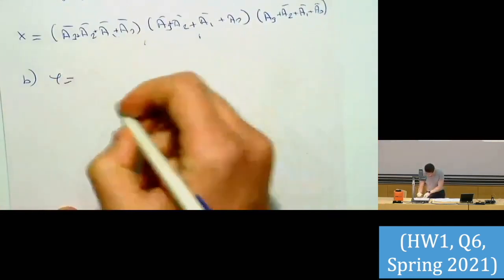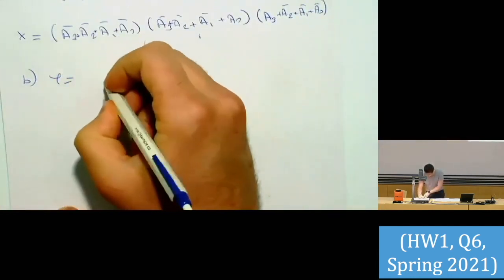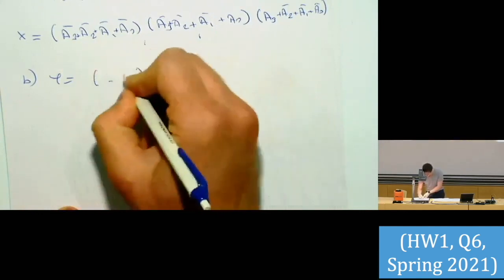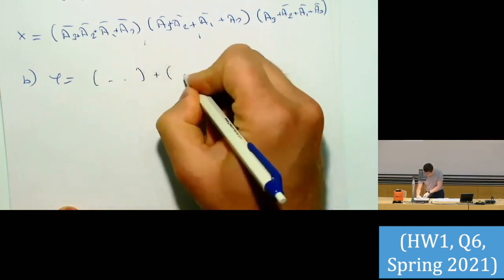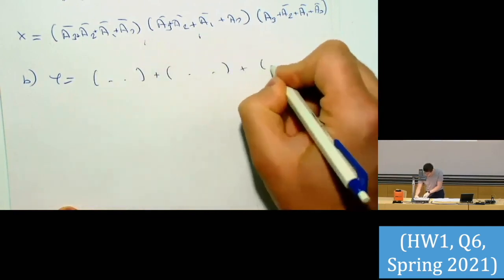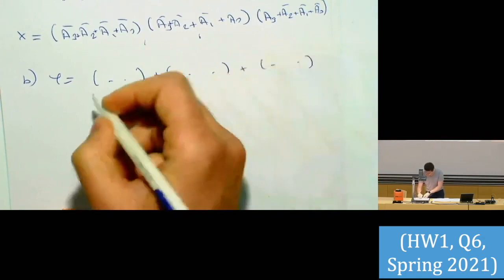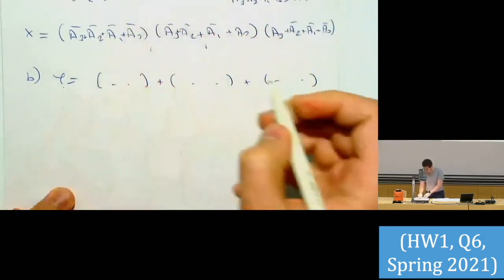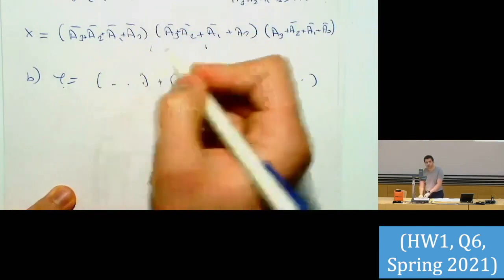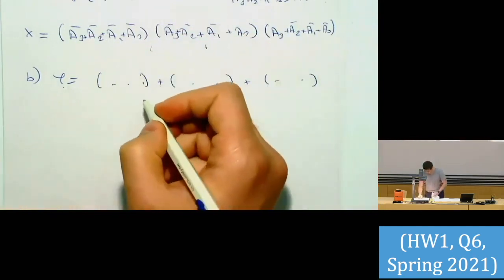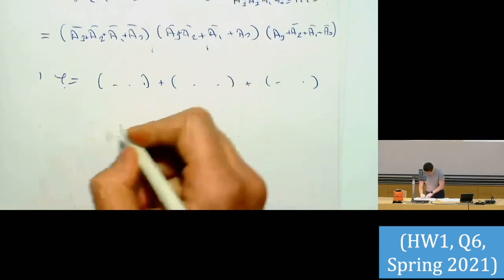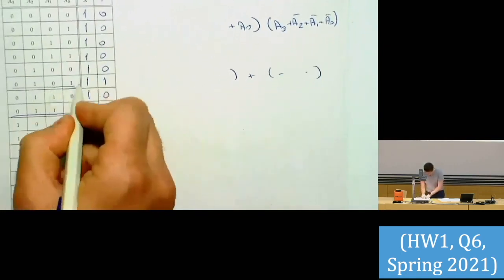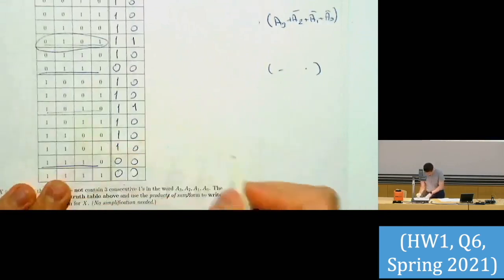What the sum of products is, is that I have terms, those terms are ANDed inside, and outside those are ORed. In other words, Y is 1 if one of these is 1. So let's write it that way. To make Y 1, I have two options, either that or that.